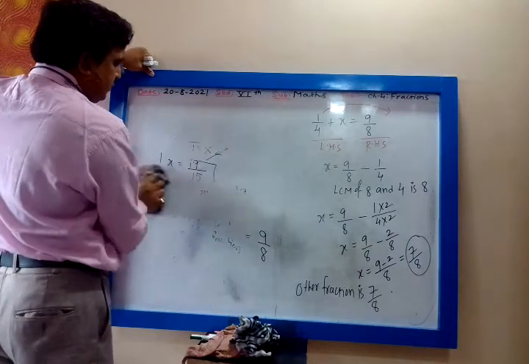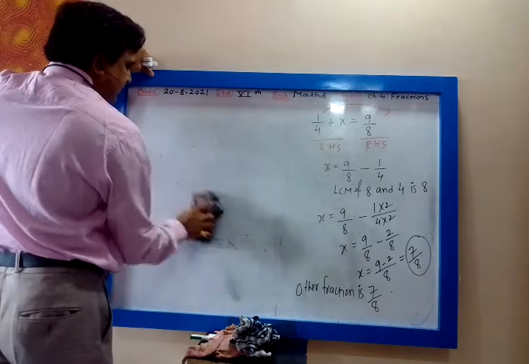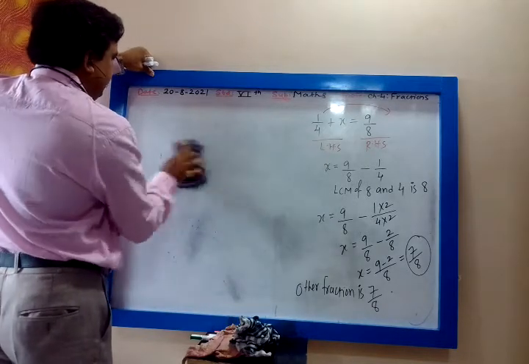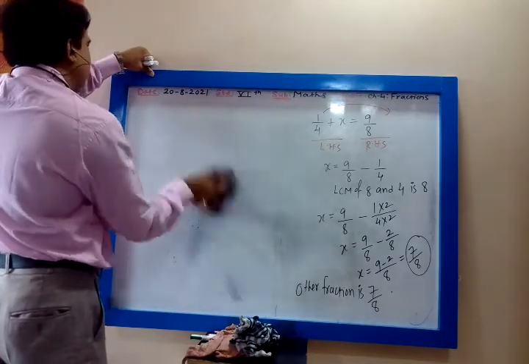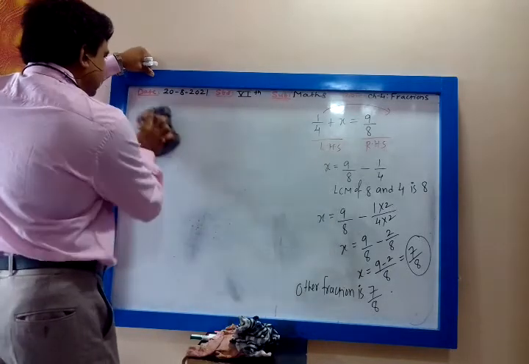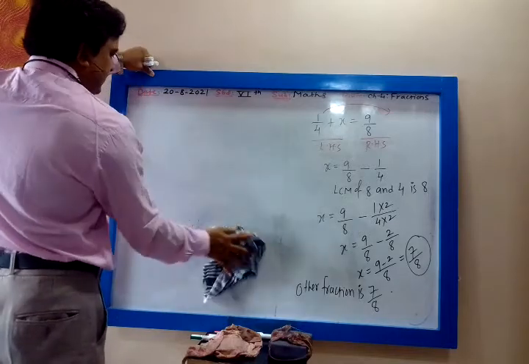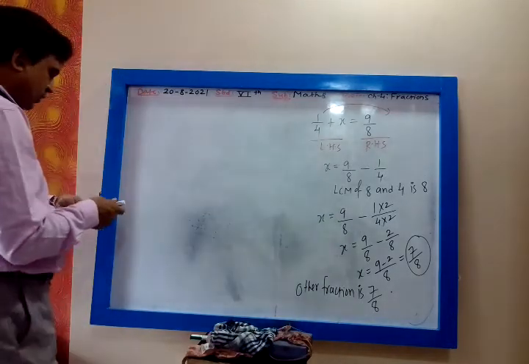So this completes 4.3. Let us see the multiplication of two fractions. Before we start 4.4, we have to learn the concept of multiplication of two fractions. So let us multiply two fractions. What do you mean by fraction?